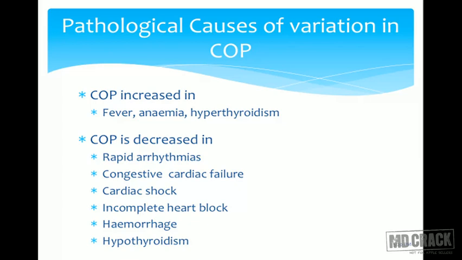If the heart rate is increased to an extent, it will increase the cardiac output, because cardiac output is stroke volume multiplied by heart rate. But if there is an excess increase in the heart rate, rapid arrhythmias as we can call them, more than let's say about 250 or 300, then that excess increase in the heart rate in fact will decrease the cardiac output. Why will this happen?